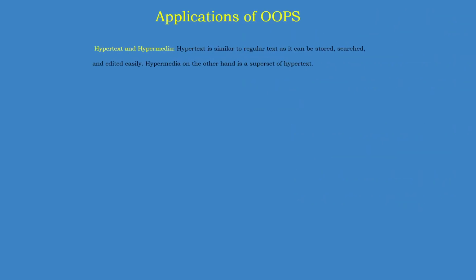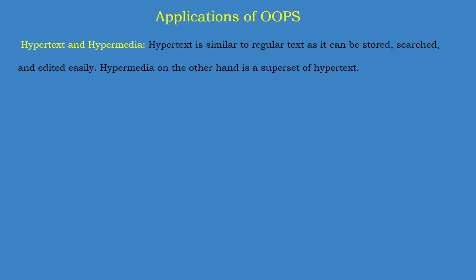Then the next application is hypertext and hypermedia. To specify plain text, procedural languages help. But when you come to hypertext or hypermedia, we need the OOPS concept. A hypertext is regular text that can be stored, searched, and edited easily.